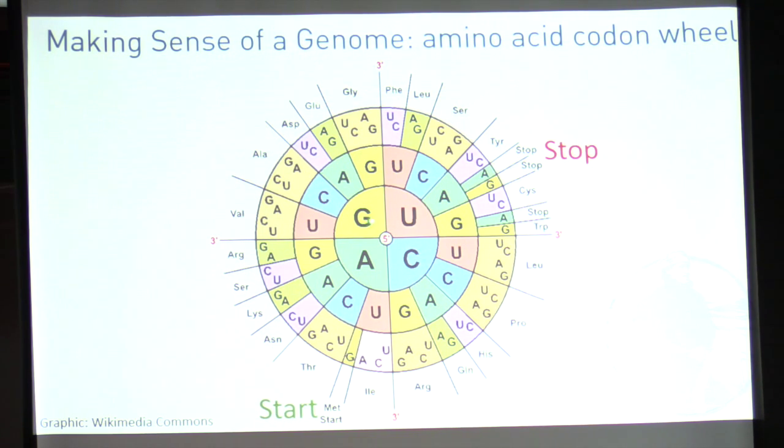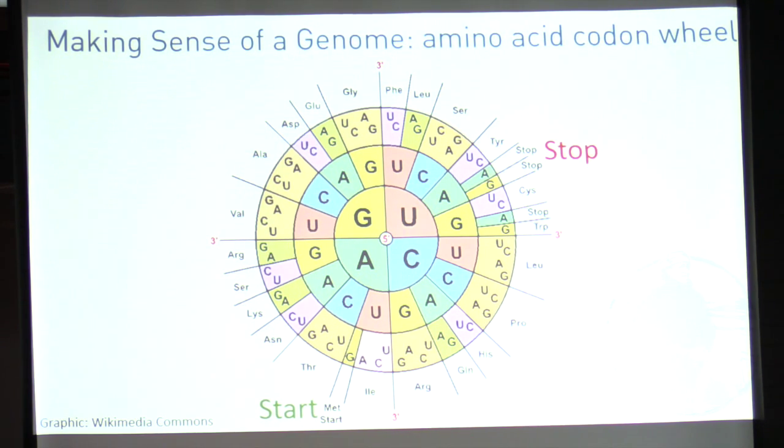So for example, the first position would be a G, second position a C, and then you could either have a U, C, A, or a G, and it would code for this particular amino acid, alanine. And so the codons have some degeneracy built into them, and that's to give some flexibility to the cellular machinery.